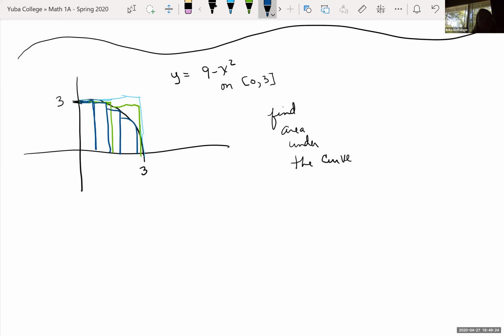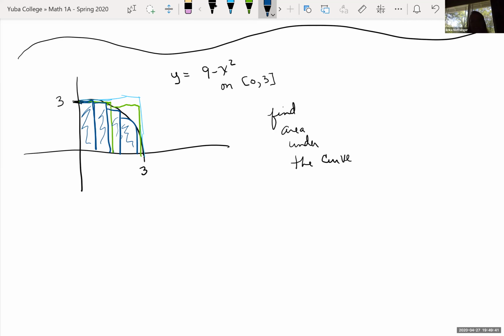I know how to find areas of rectangles pretty easily, length times width. If we can find the area of each rectangle and sum those areas, then we're going to get a close approximation of what's under that curve.